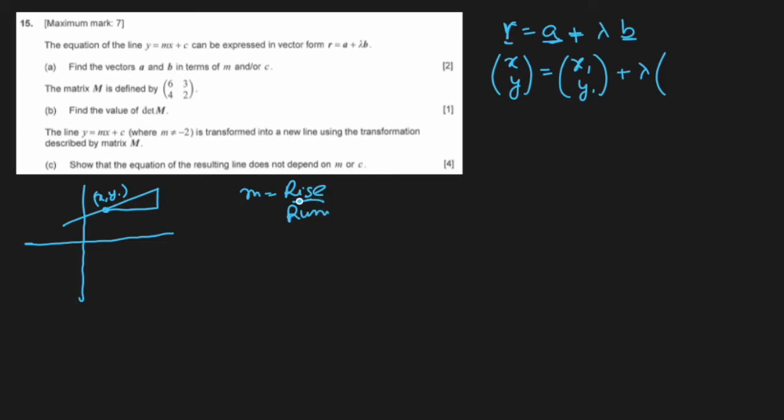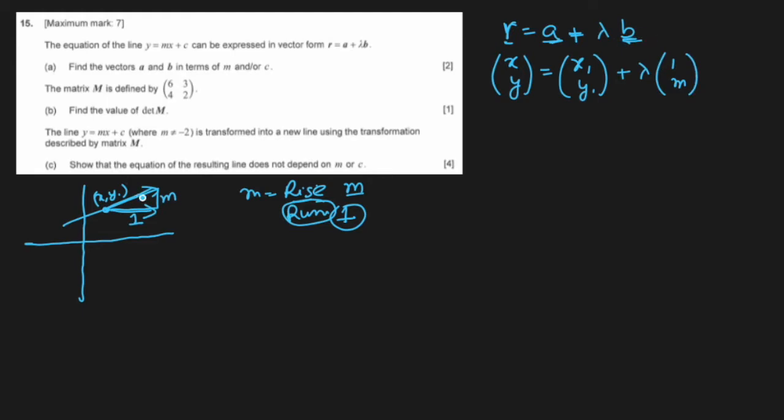So if I assume that run is 1 unit, rise will be m times that unit. Yes or no? So I can write that m is the rise and 1 is the run. And that becomes the vector in this direction, 1 in the x direction and m in the y direction. So (1, m), that is the direction vector, right?